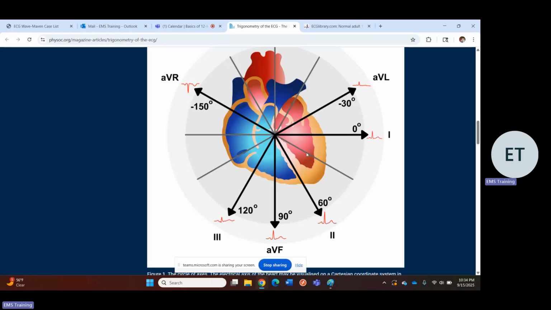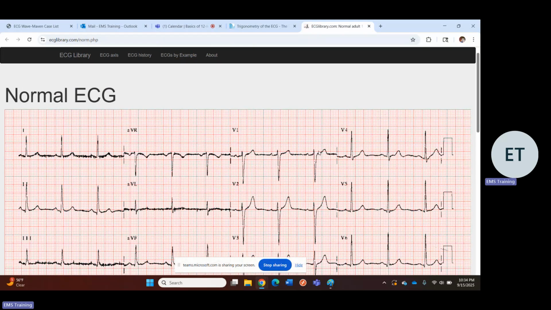And the point of maximal impulse is somewhere down here where the majority of the cardiac tissue is, right? More electricity occurs where there's more tissue, just like big muscle groups use more energy in your body. Well, big heart groups, aka the left ventricle, use more electricity, which means when there's more electricity, these QRS complexes are bigger.